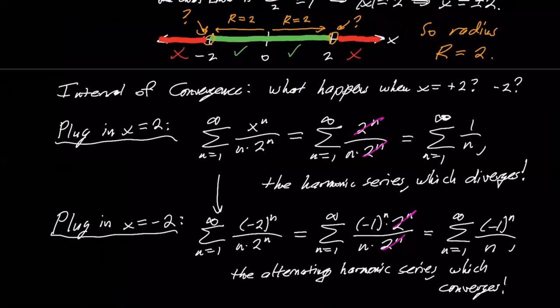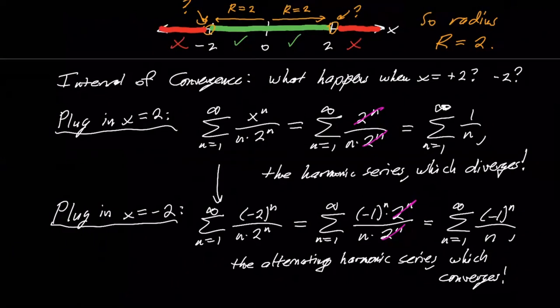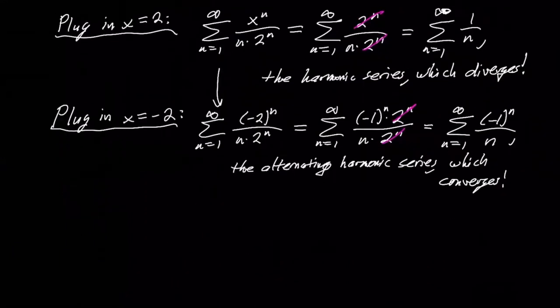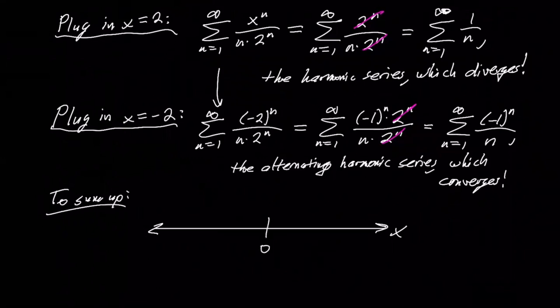So let me just draw this one more time. Let me make this a straight line. So here's my x-axis again. To sum up, I draw my 0, my 2, my negative 2.